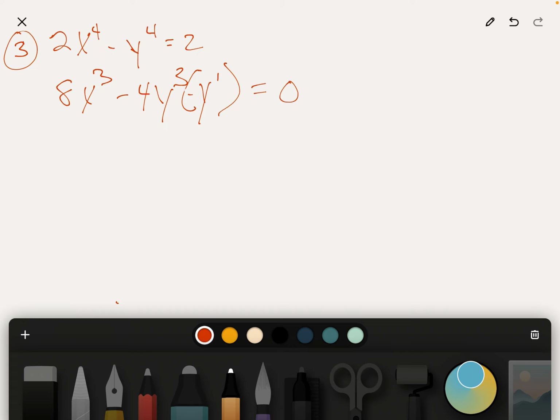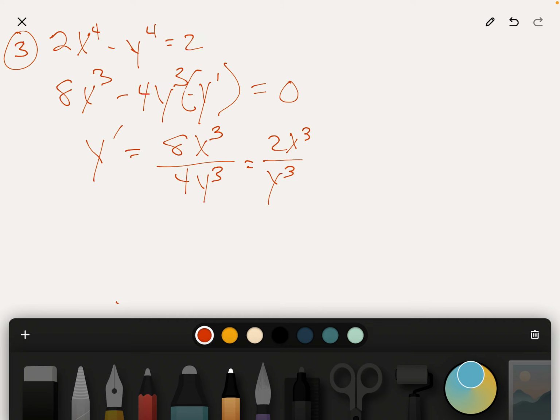So far, so good. And then y prime equals 8x cubed divided by 4y cubed. No minus sign there. And that gives you 2x cubed over y cubed.